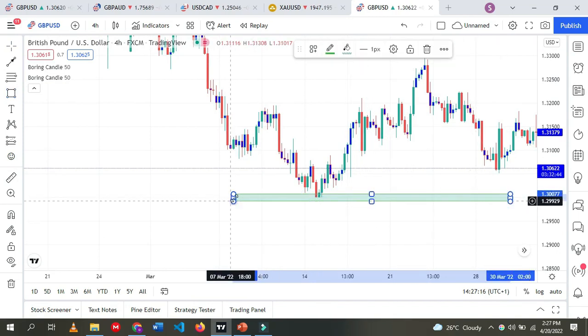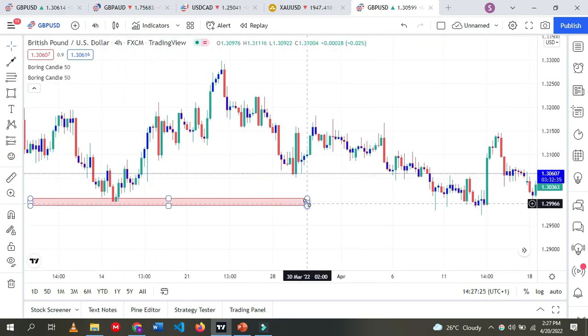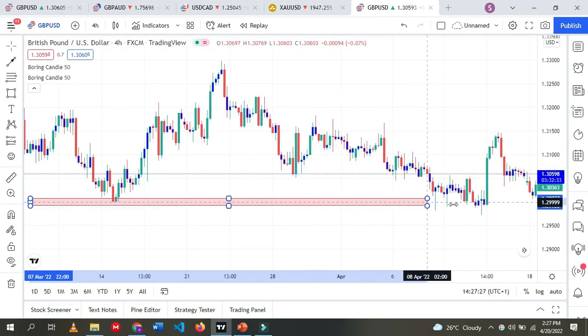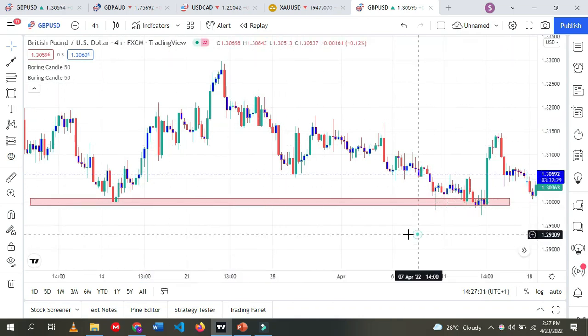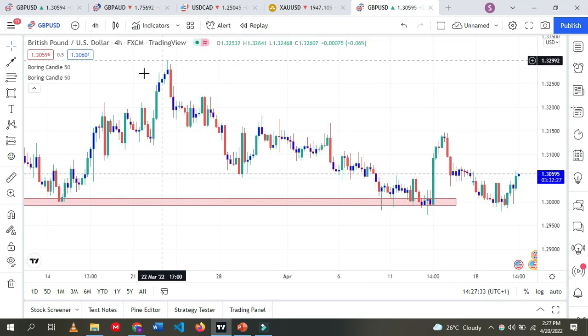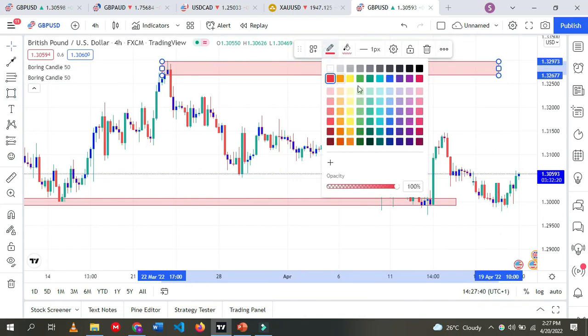Another new support here. Let me change it to green. Not red. So form another new support. See, form another new support here, went up, came down to form a resistance level here. Let me make that green.